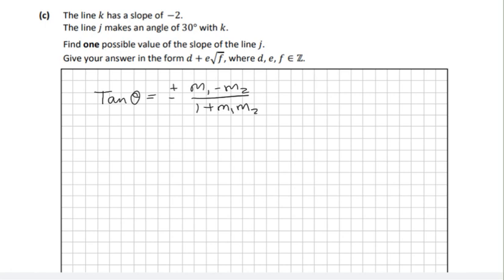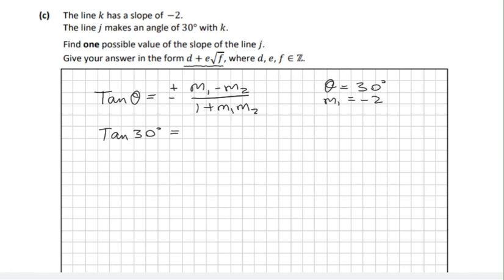So we need to input theta is 30 degrees. We can say m1 is equal to -2, and let's rearrange and reformat our answer into the desired format there, d plus e square root of f.